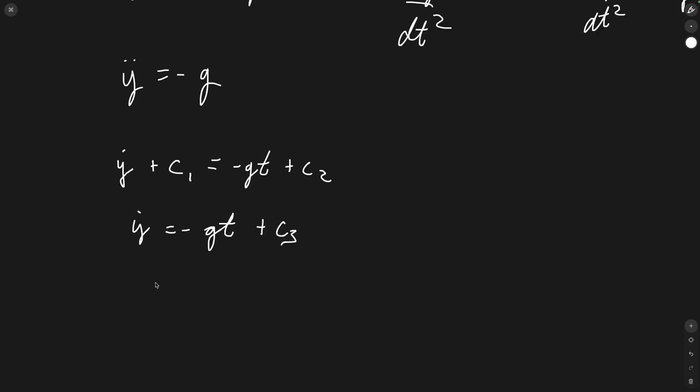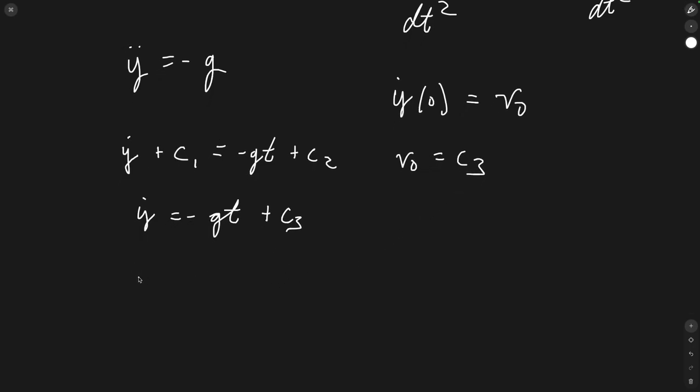So I could have this boundary condition and say that y dot of 0, the velocity at time t equals 0, we can call v naught, or v initial, right? And if that's the case, then I plug in 0 here, we see that v naught equals c3. So now I know that y dot is minus gt plus v naught.